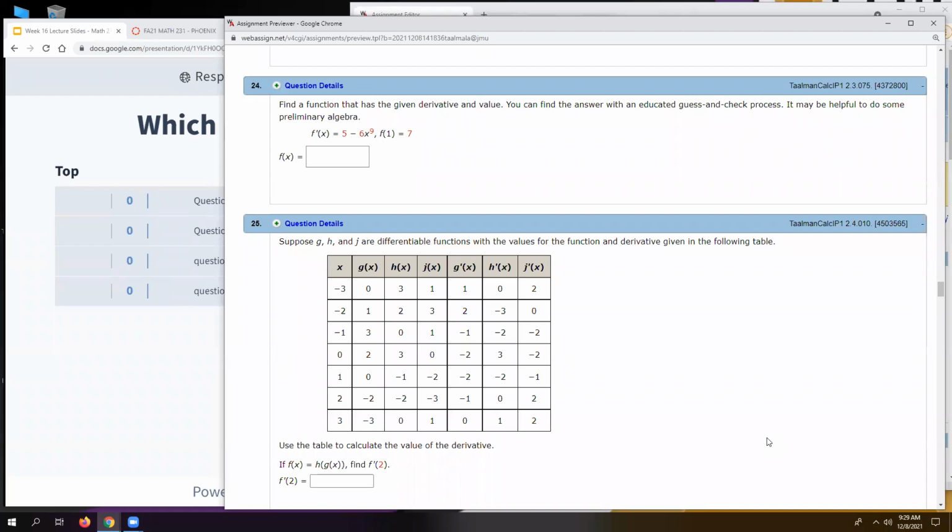And you know that f of 1 is 7. So how do I use that piece of information to find c? Plug in 1, 7 should come out. So 7 should be equal to 5 times 1 minus 3/5, 1 to the 10th. Did I get that right? Plus c. And now I have this little equation, it's all numbers and c.